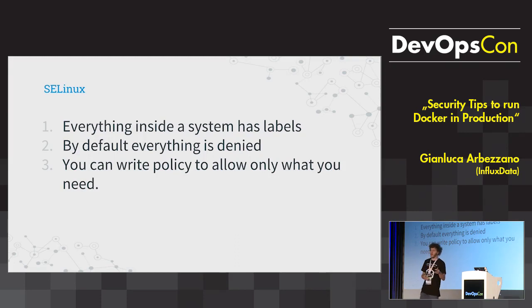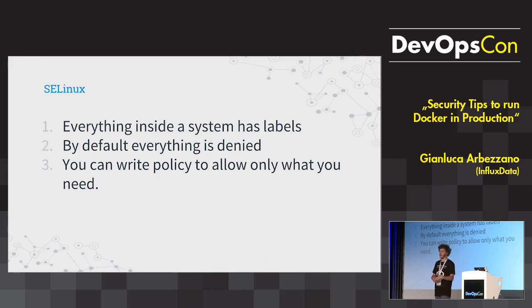The first tool that I'm happy to share is SELinux. It's a kernel module and a library that is installed in your kernel. You just need to enable it. It's distributed in the most common operating systems. The idea is that by default, everything in your system has a label. Everything is a file, but a file has a label, and you can create policy on top of this file.